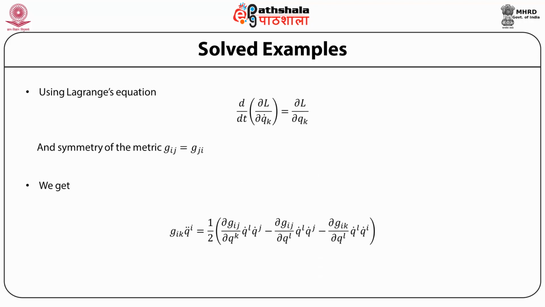And using the Lagrangian equation, and the fact that the metric tensor is symmetric, that g_ij is equal to g_ji, we obtain g_ik q^i double dot is equal to half partial derivative of g_ij with q^k into q^i dot q^j dot and two similar terms.